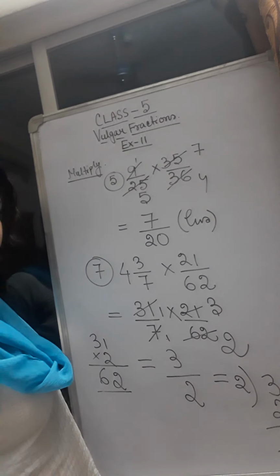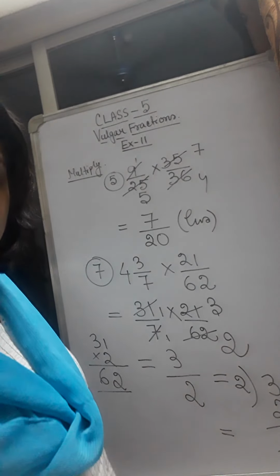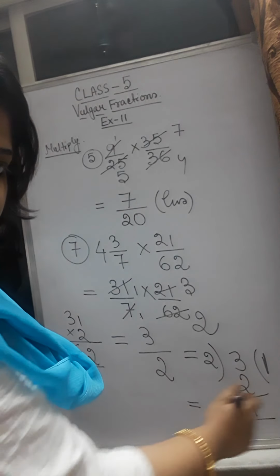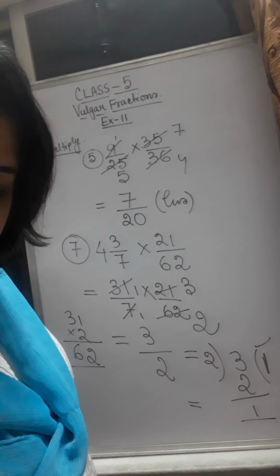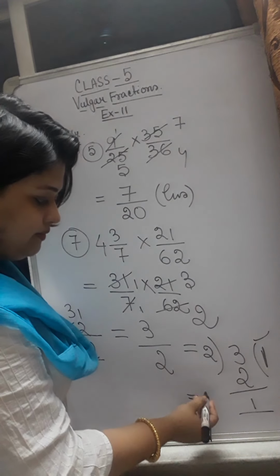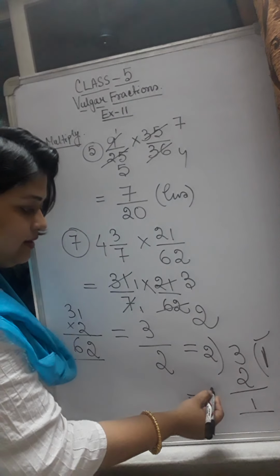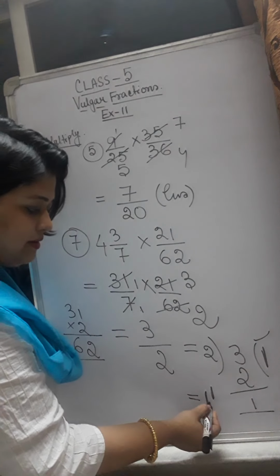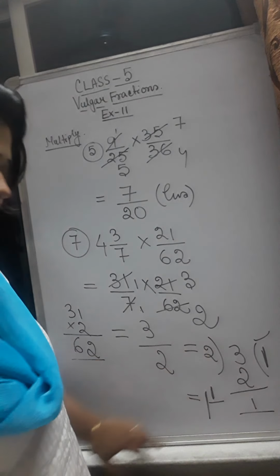And how to write in the form of a mixed fraction? Whatever is present in the quotient part on dividing, that is 1. 2 ones are 2 we have taken. So 1 is present in the quotient part, and that will be the whole number part of the mixed fraction, that is 1. And the remainder will come in the fractional part, and it will be the numerator of the fraction, and the denominator of the fraction will be the divisor.